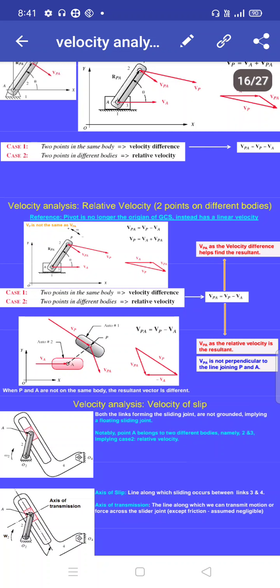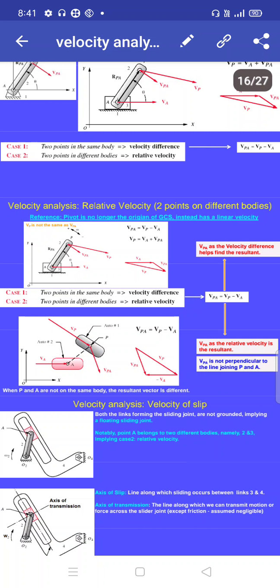So velocity analysis, that is velocity of slip. Both the links forming the sliding joint are not grounded, implying a floating sliding joint. Notably, point A belongs to two different bodies, namely 2 and 3, implying relative velocity.